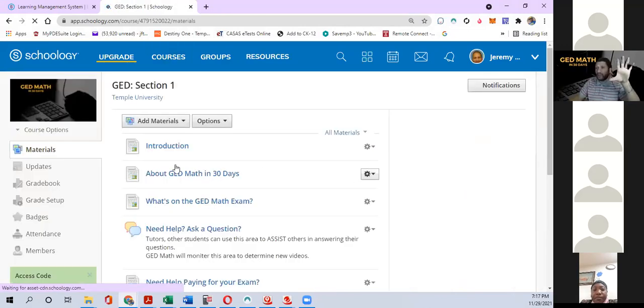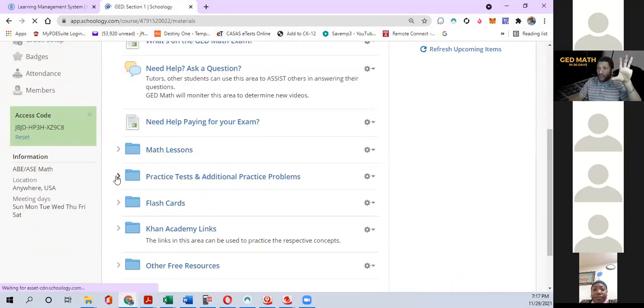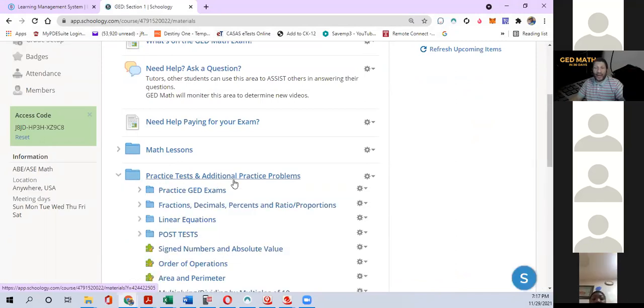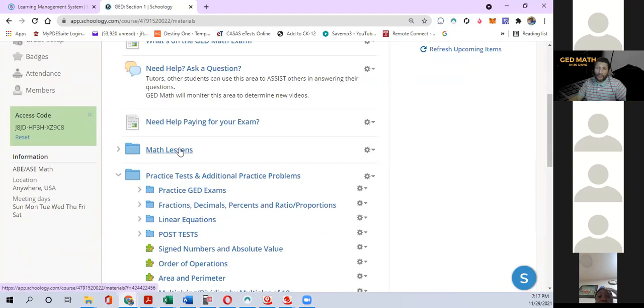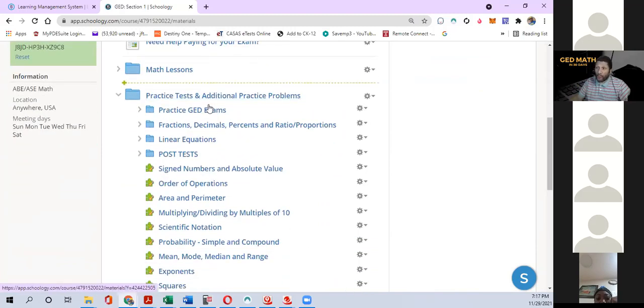So let me just explain to you again real quick before we leave. There's 2 types of practice tests. If you go here, you got practice under math lessons. If you don't understand something, you can go into math lessons and practice, and have a textbook that you can read about. It shows you how to do it. But if you want to practice, these are all practice things.